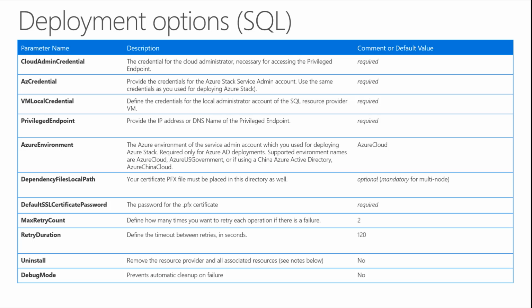Dependency files local paths. The certificate PFX file would be placed in the same directory where we have all this stuff. You should have had those ideally pre-created at deployment time. It's not required, but quite often when the OEMs come in and request the certificates that are required for the installation of Azure Stack, they just have you get all the certificates.